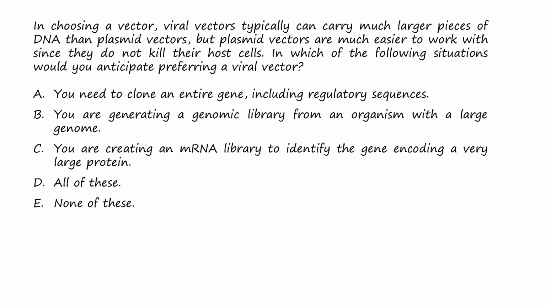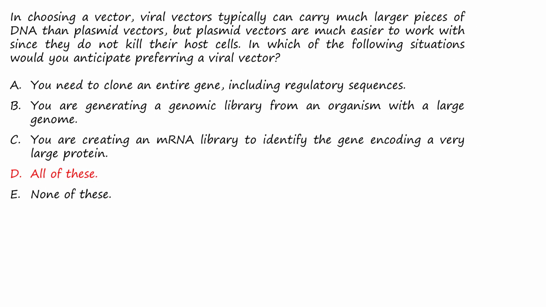C. You are creating an mRNA library to identify the gene encoding a very large protein. D. All of these. E. None of these. The answer is D, as indicated by words such as large in each of the descriptions and the description in the question which mentions that viral vectors can carry larger fragments than plasmids.